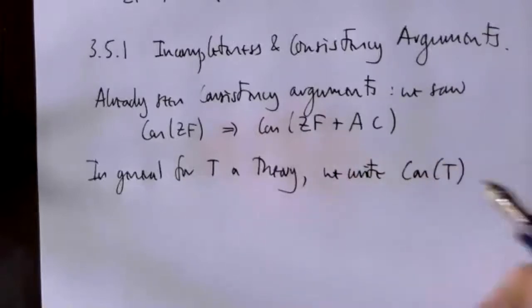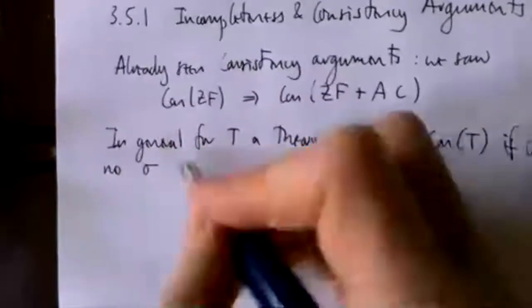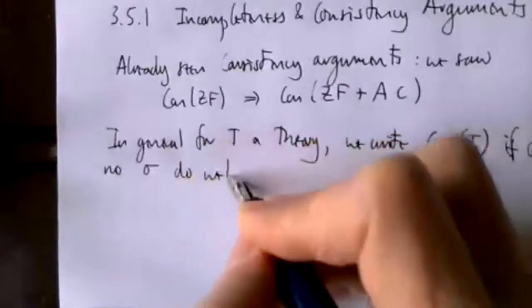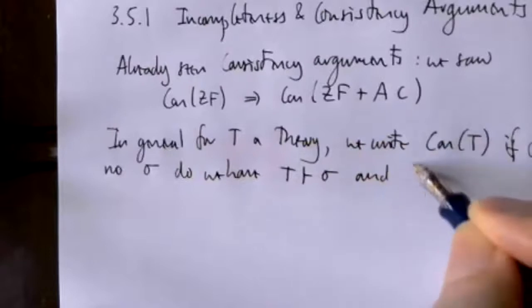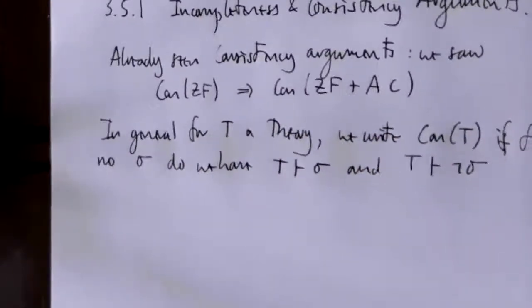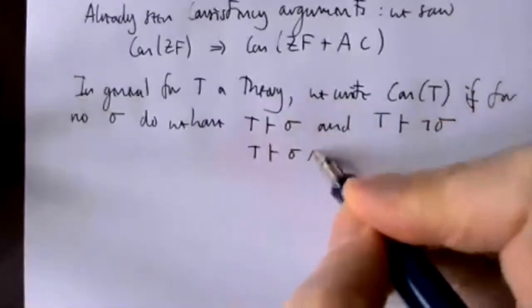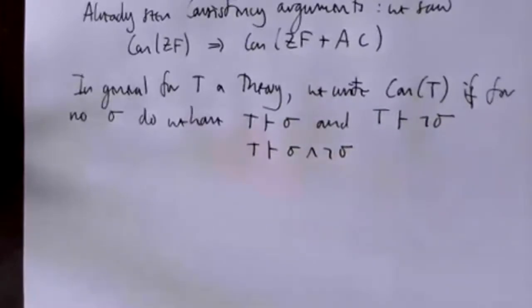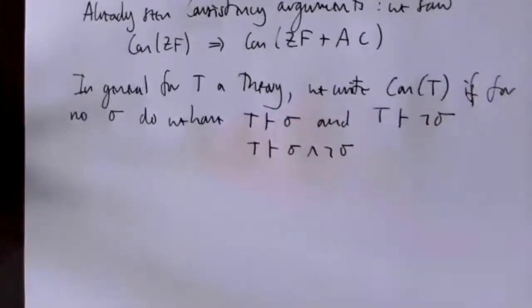So we write con T if for no sigma do we have that T proves sigma and also T proves not sigma? And by rules of logic, that's the same as saying T proves sigma and not sigma. You can combine these two proofs to give a proof of the conjunction. So it doesn't matter how you want it. Right?